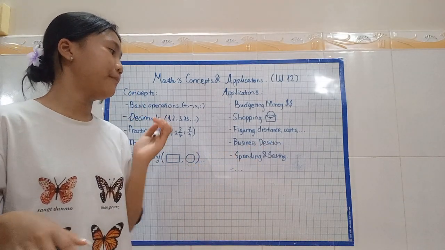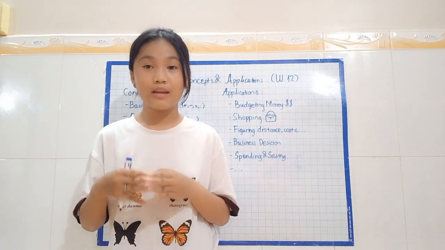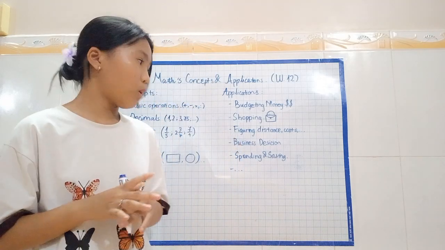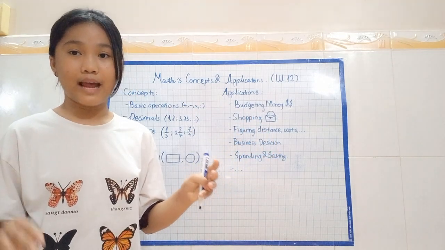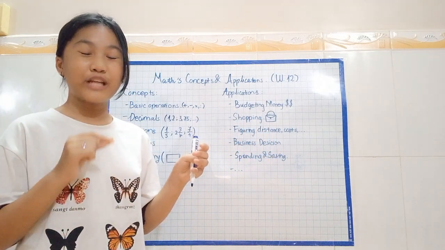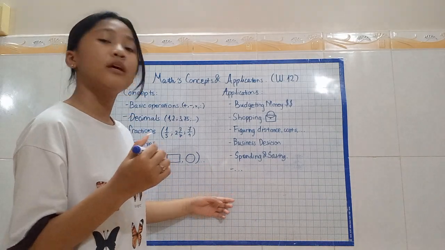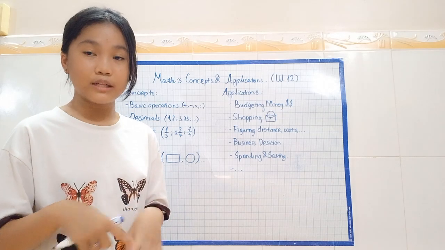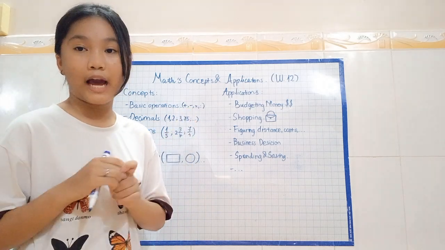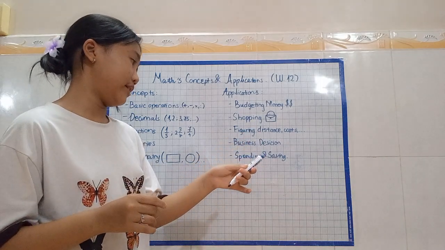Next, you could use it for business decisions. You could know what's the best choice in the market for your company or something for your job. Business decisions are very important, and usually math is involved in them. And so decisions like simply choosing which company to follow or choosing which kind of contract we should operate in are very important.